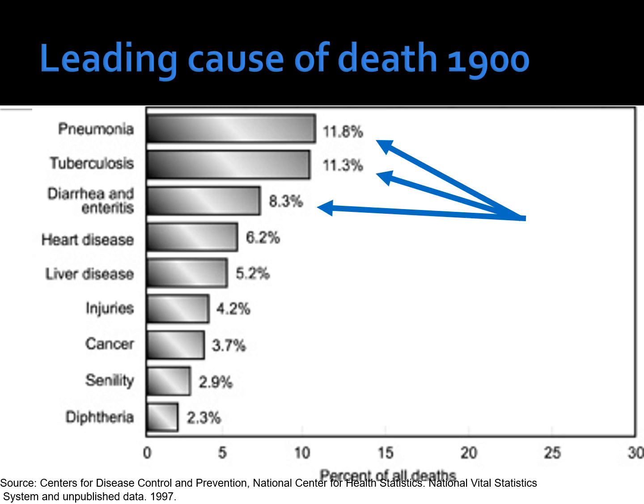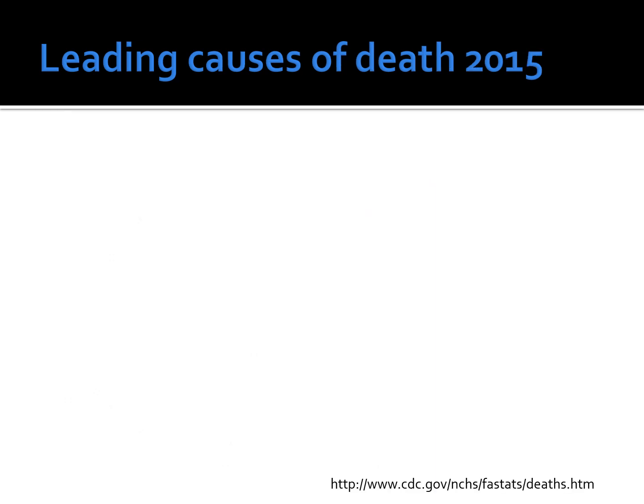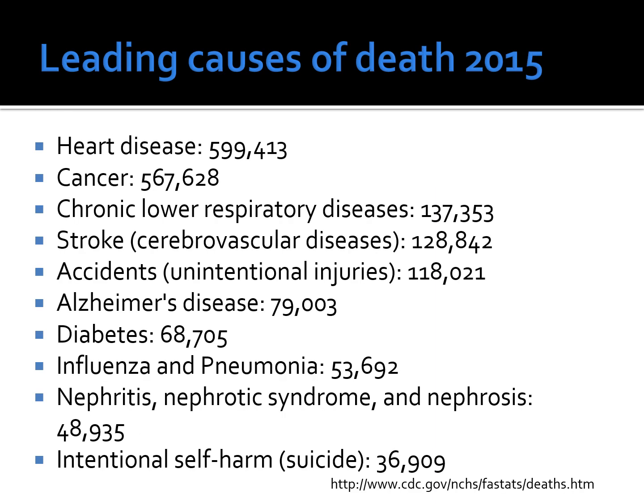Let's begin by just speaking about the influences of infectious diseases over time. If we look back about 120 years ago, infectious diseases were a leading cause of death in this country. Today, infectious diseases are still a significant cause of morbidity and mortality.